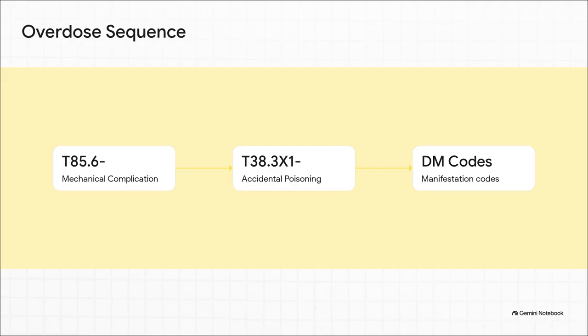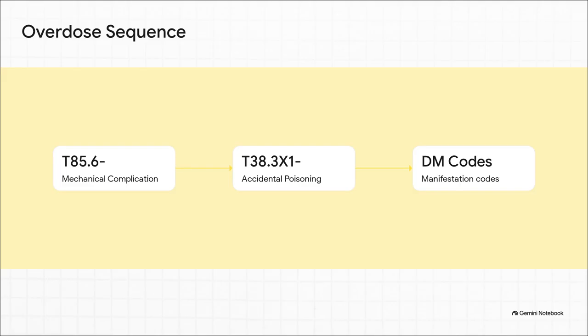But what if it's an overdose from that exact same pump malfunction? Well, the sequence is anchored exactly the same way at the very top, but you just swap out the second step. Step 1 is still your mechanical complication, T85.6-, but Step 2 flips to T38.3X1-, which is the code for accidental poisoning by insulin and oral hypoglycemic drugs.